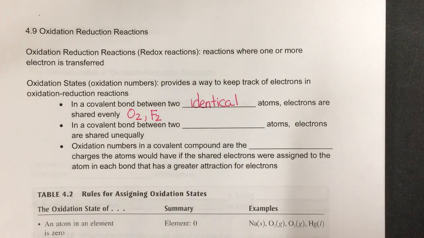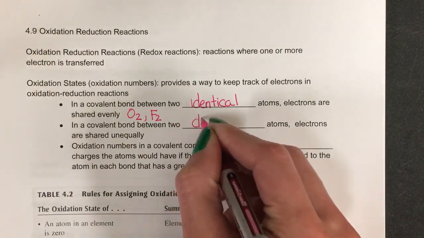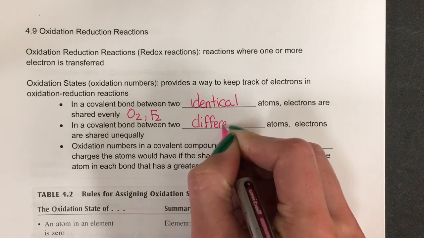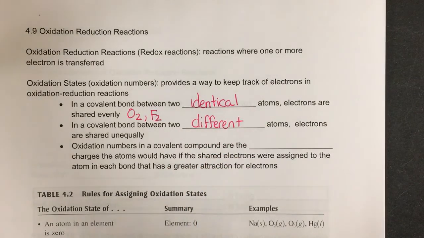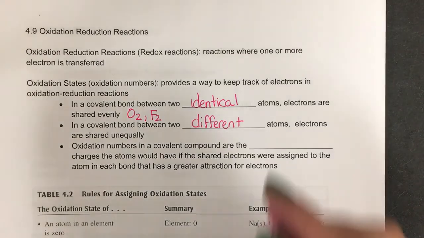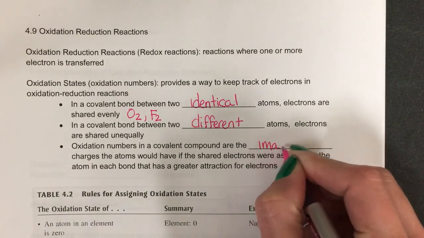But when we've got two different atoms, one of those atoms is going to pull more tightly on those electrons and have more possession of those electrons. They'll be partially negative. One of those atoms won't be as good, it'll be less electronegative, and it'll be partially positive. Now, oxidation numbers in covalent compounds are imaginary.